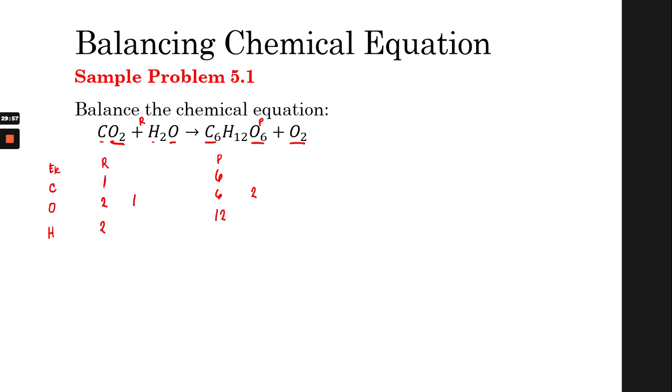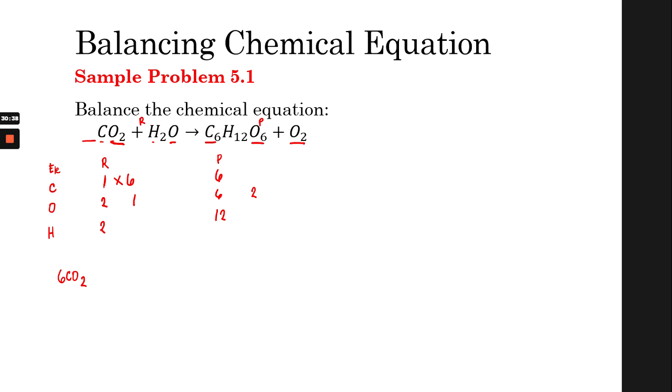So what this means is I need to multiply this by 6. I need to write 6 at the beginning of the compound where my carbon is, so I will write 6 CO2. This is your coefficient now. You write 6, which tells you that you have 6 carbons. It's not only applied onto the carbon, it also applies to the O2.